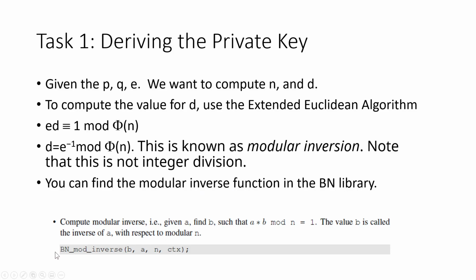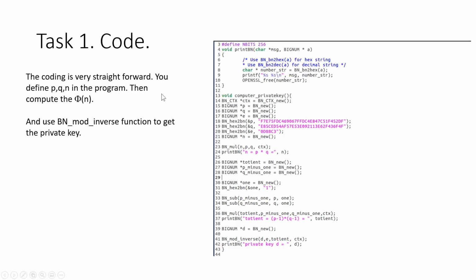BN mod inverse calculates the b in this equation, a multiplied by b mod n equals 1. So we can just use this function in the code.